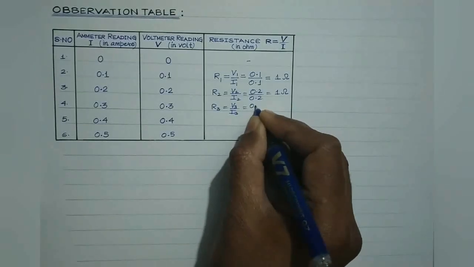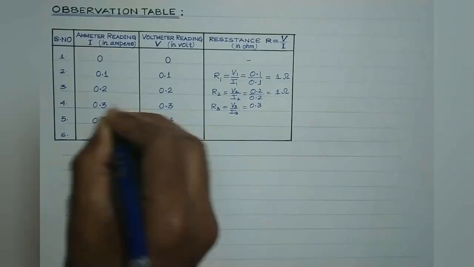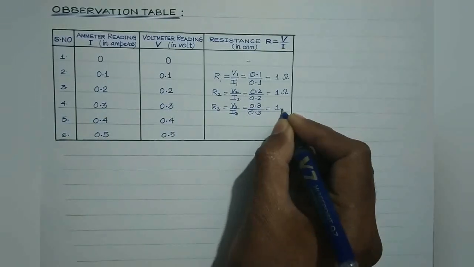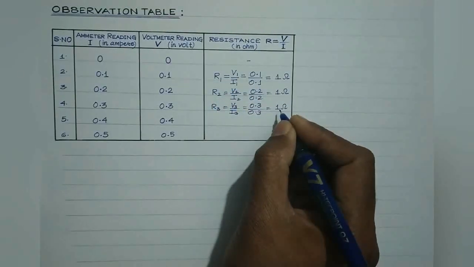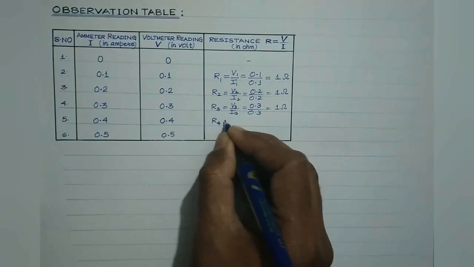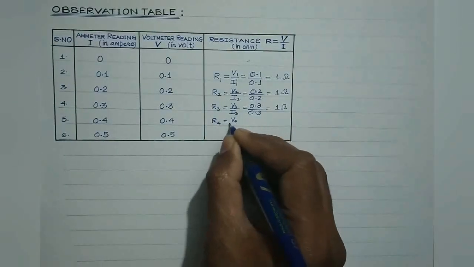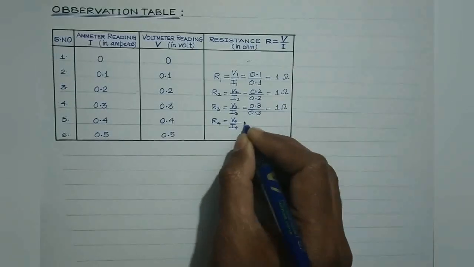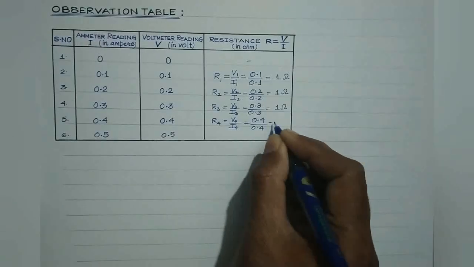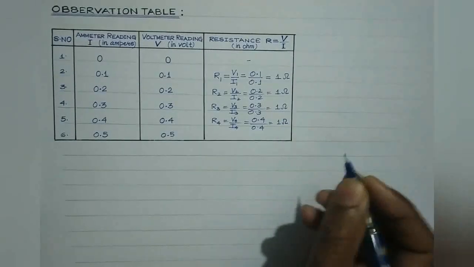V3 is 0.3, I3 is 0.3, so it will be 1 ohm. And this is actually the resistance of the standard resistance wire which is given. R4 will be equal to V4 divided by I4, which in this case is 0.4 divided by 0.4. So again it is 1 ohm.